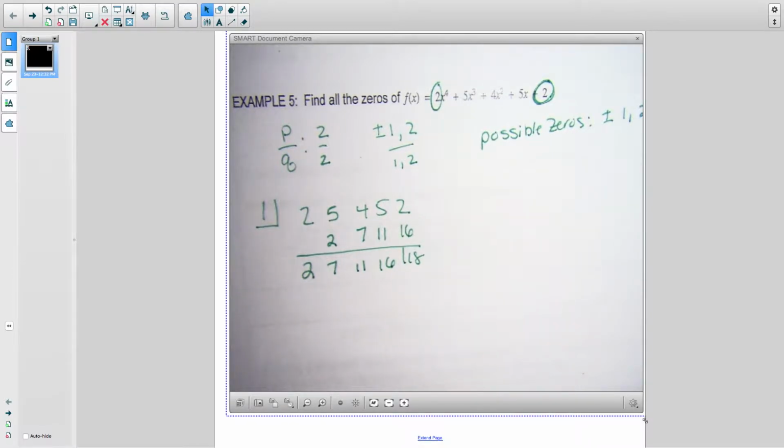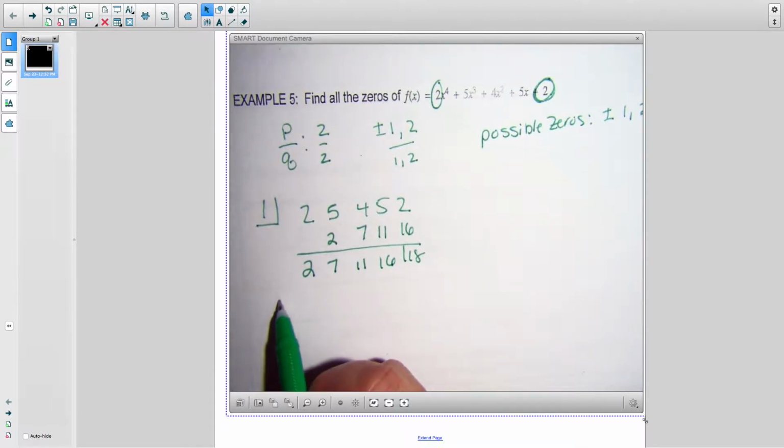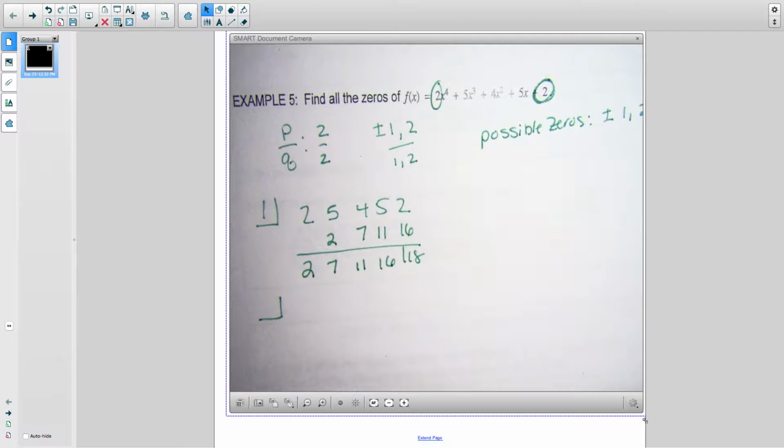Now, let me ask you something. Let's look at something called number sense. Do you think any of these positives are going to work? Everything's just going to keep getting bigger and bigger.